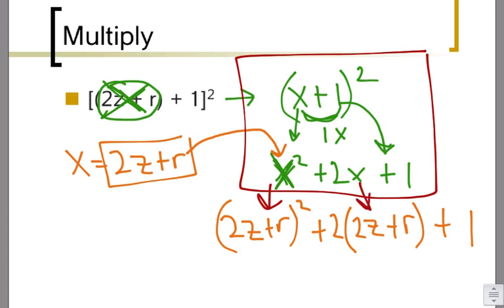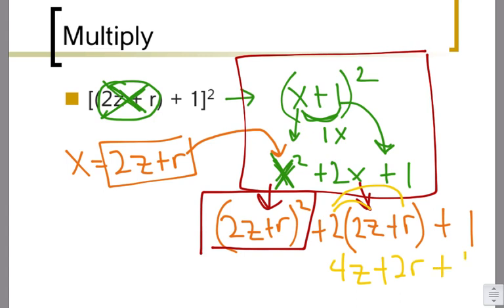So now that I got to this step, I want to continue to multiply. Notice this is a (2z plus r) squared. You would multiply that out, and the second one needs that 2 to get distributed to the 2z and to the r. So I'll do that part first and get 4z plus 2r plus 1.